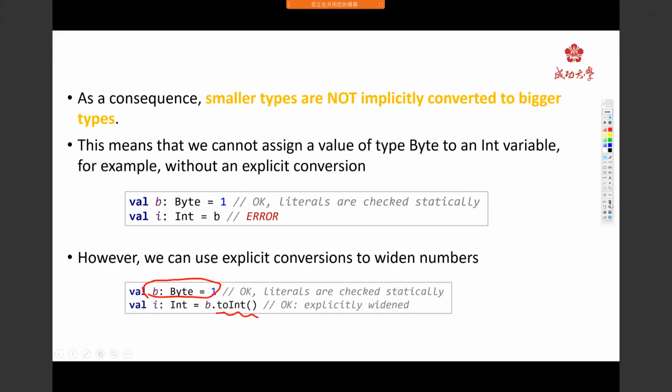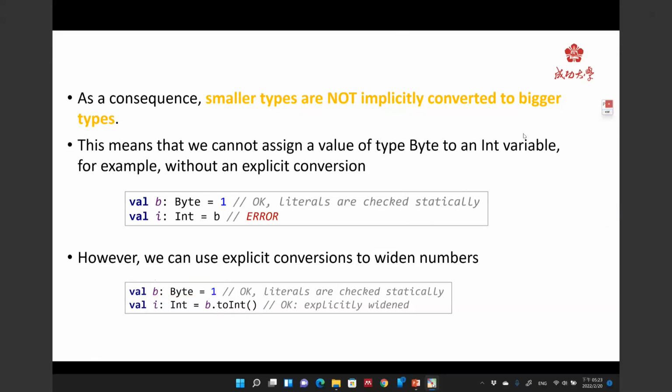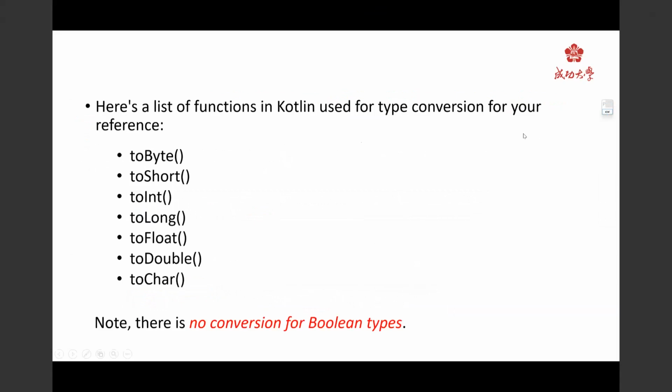Okay, and in addition to toInt, Kotlin actually offers a lot of functions which enable you to convert a number to a different data type, such as toByte, toShort, toInt, toLong, toFloat, toDouble, toChar, and they are pretty easy to use.